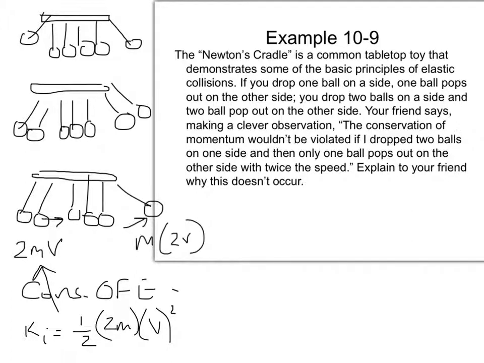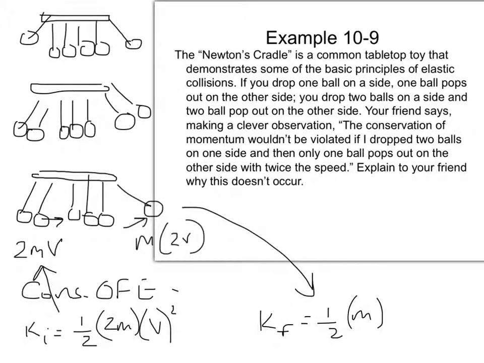What's the kinetic energy of this single mass with twice the velocity? Kinetic energy final equals 1/2. What's the mass? Just m, right? Just one mass. Times, what's the velocity? 2v squared.